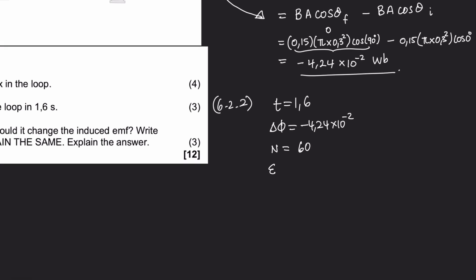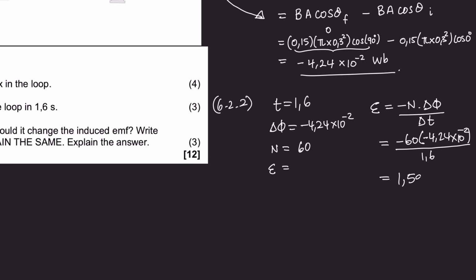So they want EMF. We go to our data sheet and we find the formula. The formula is EMF equals minus n times delta phi over delta t. Now we substitute minus 60, open bracket, minus 4.24 times 10 to the negative 2, divided by 1.6. And that gives us a final answer of 1.59 volts.